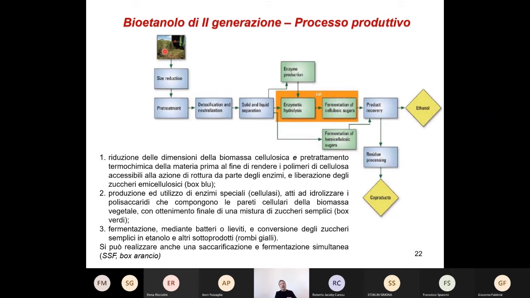It means that lignin, cellulose, hemicellulose are strictly connected, and so it's very difficult to cut and to separate these elements to concentrate our process on cellulose or hemicellulose, but you have to separate, of course, lignin, and you see the structure of lignin is very different from cellulose and hemicellulose.